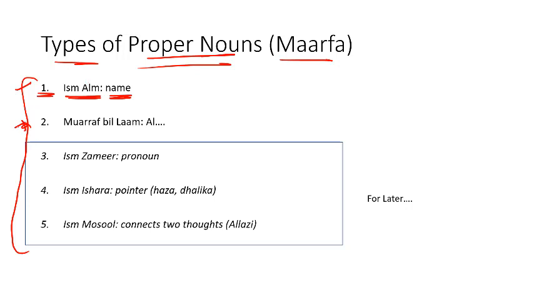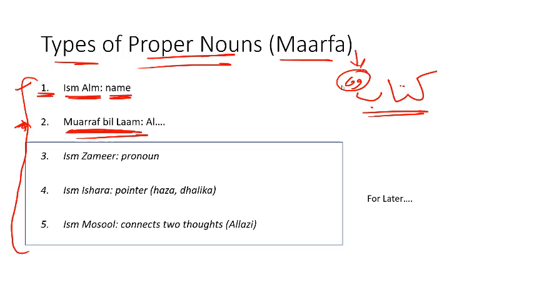The other type, which is what's most important for today's segment, is mu'arraf bil lam. Mu'arraf stands for making something proper, and bil lam means with the lam. So for example, if we have the word kitabun, this tanween over here means that we are looking at a common noun.